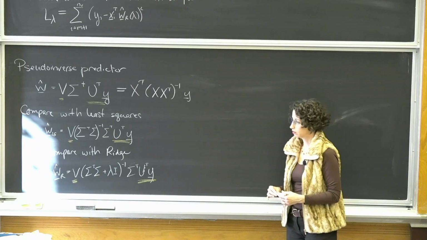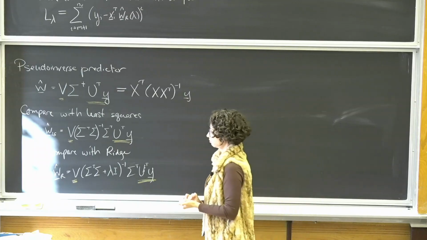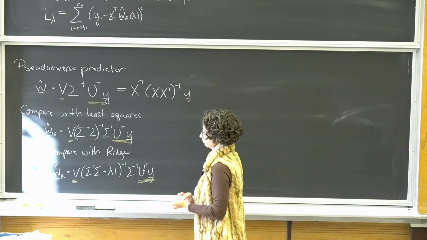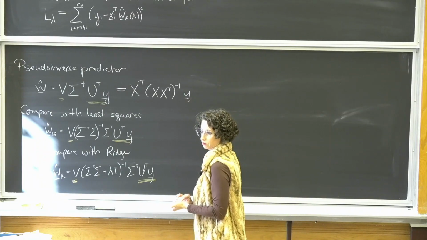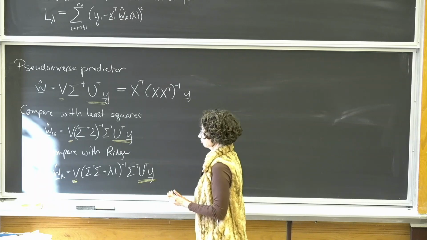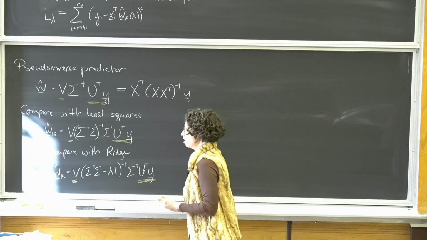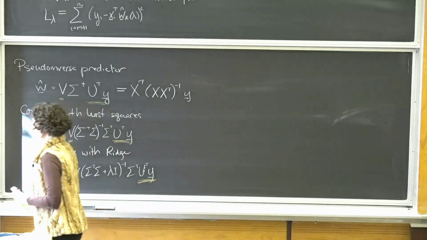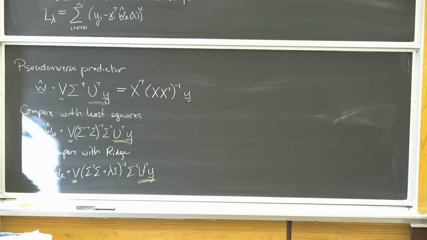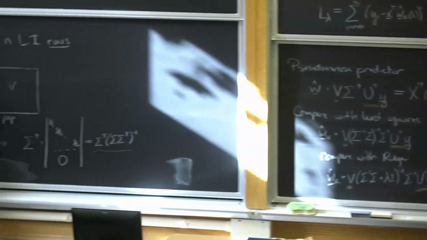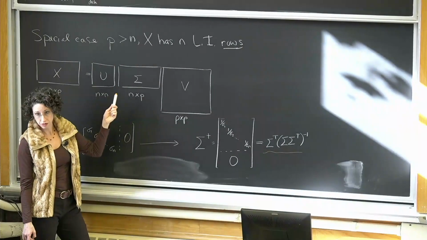Yeah. Just to make sure that equivalence is true, the sigma transpose sigma transpose inverse, that's true in every case, not just a special case, right? So I think this particular equation here is for this special case where I have P greater than N and N linearly independent rows.